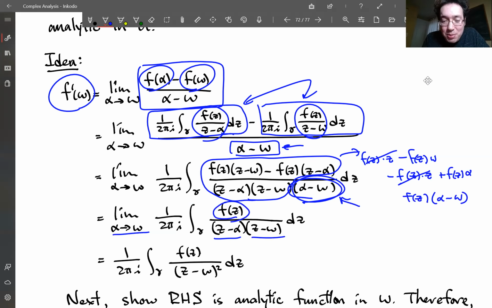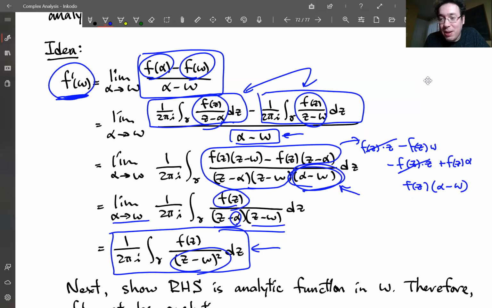So we can just plug it right in. So the alpha now becomes w. So we have z minus w squared on the denominator. And here's basically the Cauchy's integral formula for the derivative, right? So f prime of w could be written like this, which is very reminiscent of Cauchy integral formula, except that we have the power 2 there.